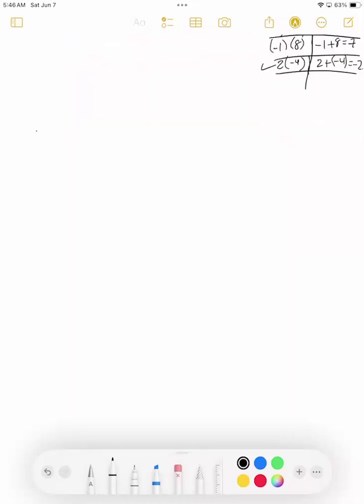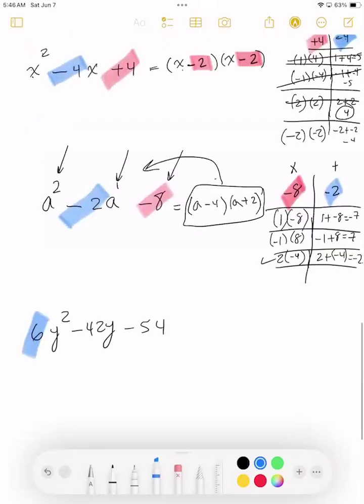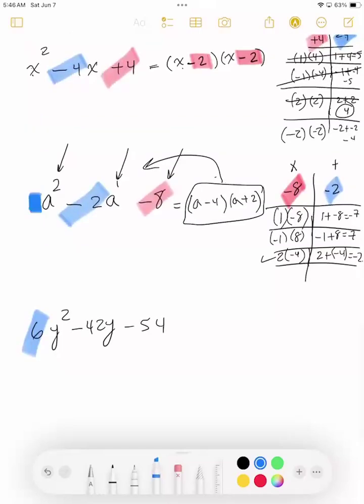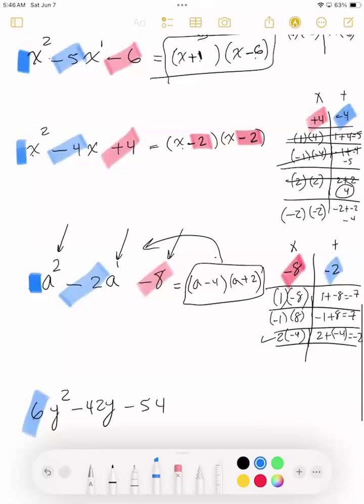Now we are going to do another problem, 6y to the power 2 minus 42y minus 54. Before we do this problem, you have to notice that you have a coefficient here. This problem's coefficient was 1, this one's was 1, this one was 1.